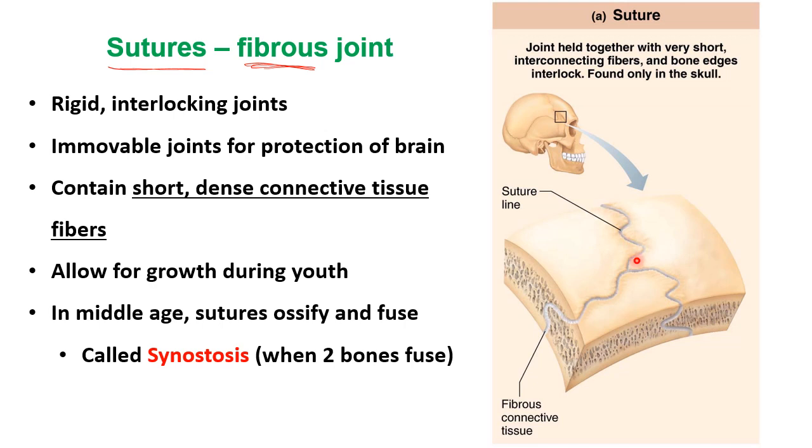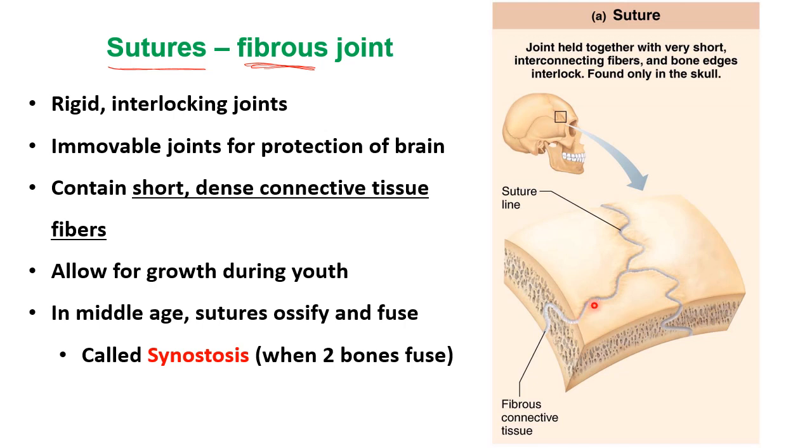They have curves that allow a puzzle-type connection between the bones. Also, between the bones you have dense connective tissue and short fibers, because you don't want the bones to be far apart. You want them to be very much attached together, okay?